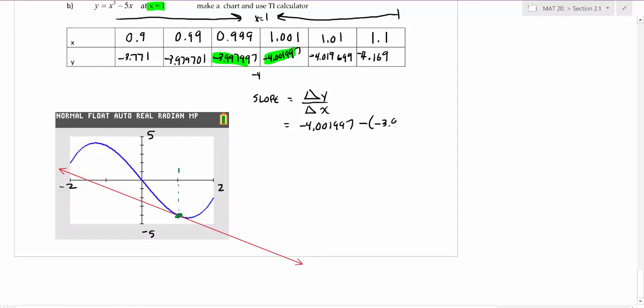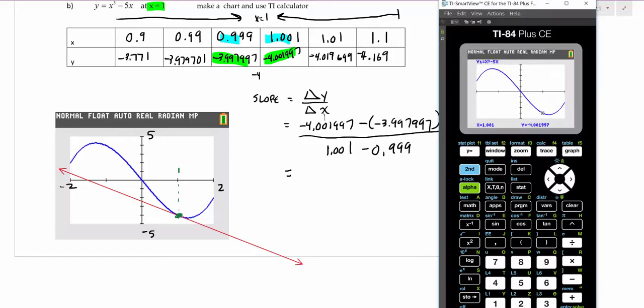Subtract negative 3.997997. And then the denominator, we're going to do these two, 1.001 minus 0.999. Just using the calculator to get this approximated down.